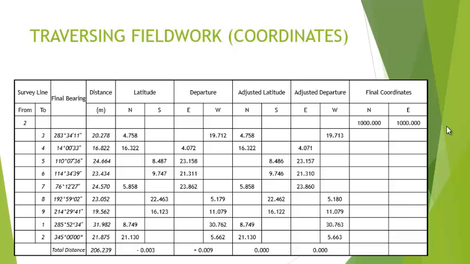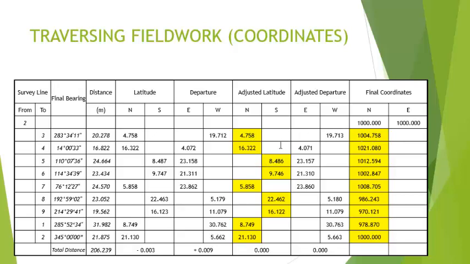Now, all you need to do is, from the value 1000 north, apply the addition function to the adjusted latitude. Apply the calculations in zigzag. Okay, like so, zigzag. 1000 here, the function is always addition. Okay, 1000 plus 4.758, got this value.